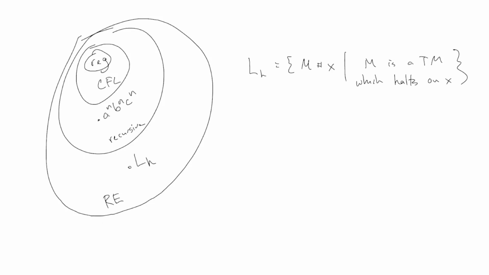And what we talked about last time, like why is it in this RE category but not the recursive category? What that means is apparently you can do this on a Turing machine, but not a Turing machine which has no infinite loops.